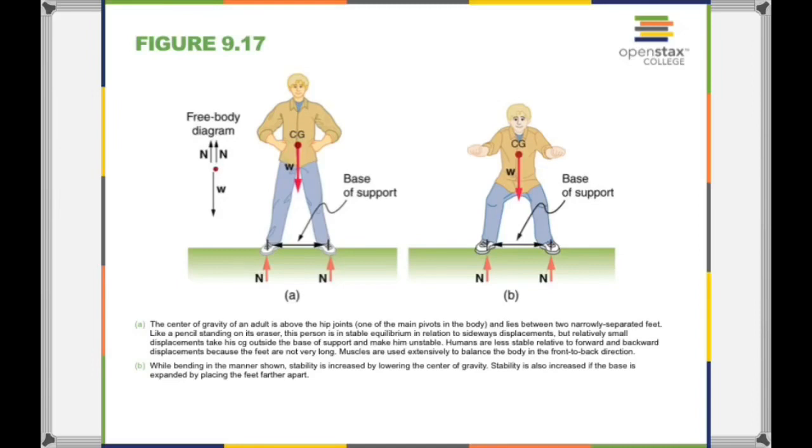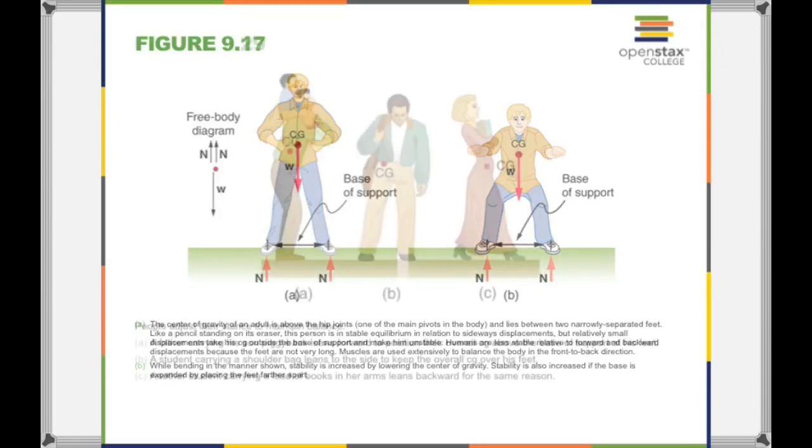A second thing that can be done is to make the base of the object bigger. In this case, if the person spreads his feet apart, the base becomes bigger and becomes more stable. So there are two ways to increase the stability. Number one, increase the size of the base. Number two, bring the center of gravity as close to the ground as possible.